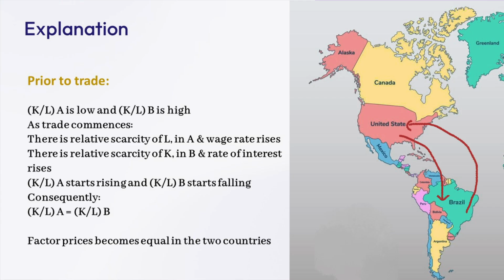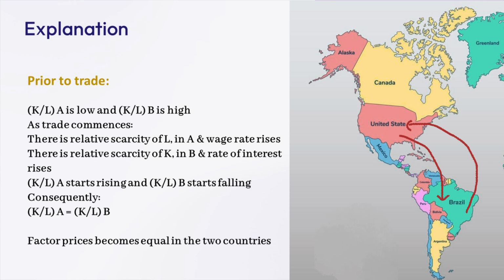So, going by our assumptions again, the capital labor ratio for our country A is low, and the capital labor ratio of our country B is high, as per our assumptions. Now, as trade commences, what will happen is there is relative scarcity of labor in A. Why?